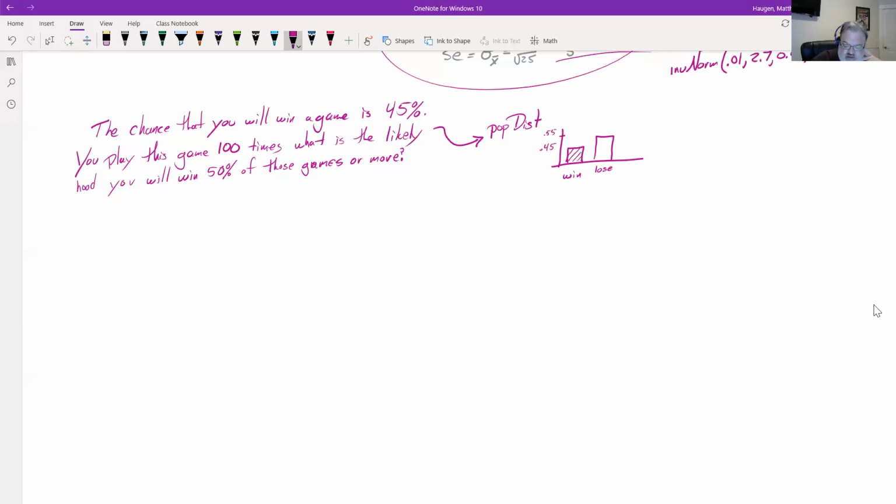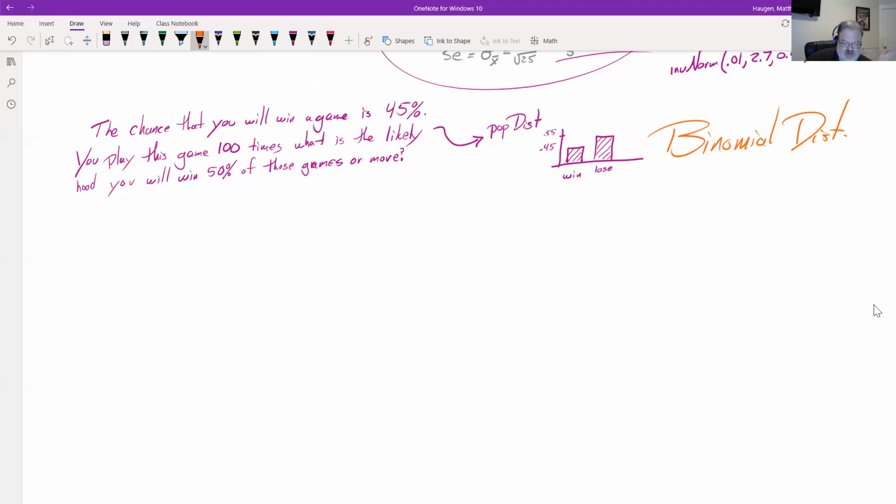Why does this population distribution look so different than any of our others so far? Let's say binomial distribution question, right?